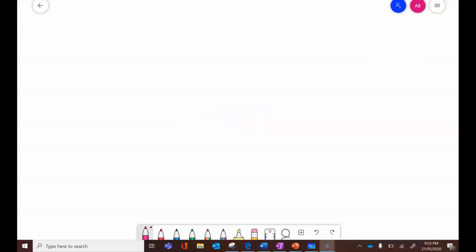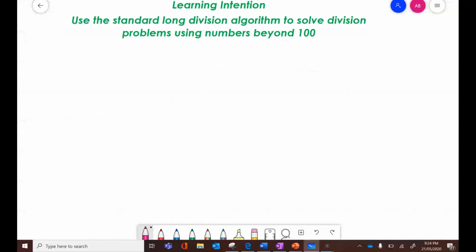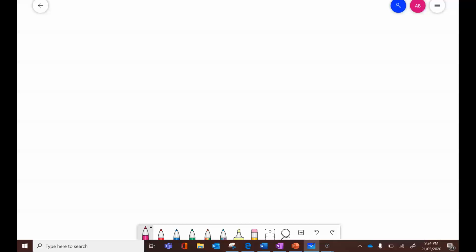Hello mathematicians, today we are going to use a very simple version of the long division algorithm to help us to solve problems using numbers beyond 100, so numbers that are bigger than 100. Once we get to numbers that size, it gets a little bit tricky to solve problems drawing pictures or tallies or doing repeated addition.